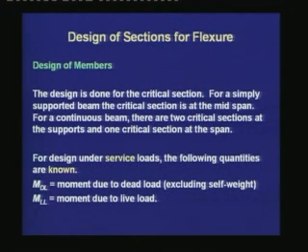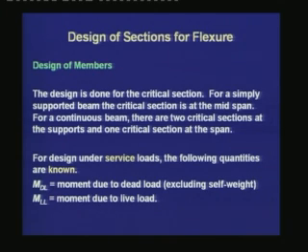The design is done for the critical section, that means the section which has the highest positive moment or negative moment, and for a simply supported beam, the critical section is at the midspan when there is a uniform load throughout the beam. For a continuous beam, there are two critical sections at the supports and one critical section at the span.